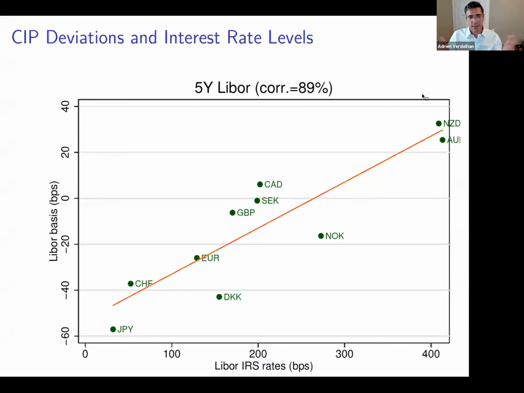Those differences in CIP deviations are very interesting. The intermediary-based asset pricing and the friction that I highlighted cannot explain differences in the level of the CIP deviation. There must be some hedging demand that is very different in one country versus another. And I must admit, I don't have the answer.